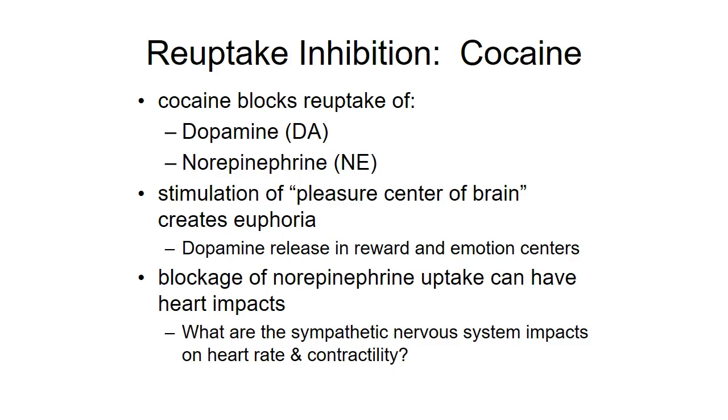Okay, so another drug, cocaine. So cocaine inhibiting the reuptake of dopamine is also going to impact the reuptake of epinephrine, norepinephrine. Right? So here, this is part of the reward and pleasure center of the brain, creating euphoria. And so dopamine release and the reward and emotion centers are elevated. And so blockage of norepinephrine uptake can have heart impact, though.